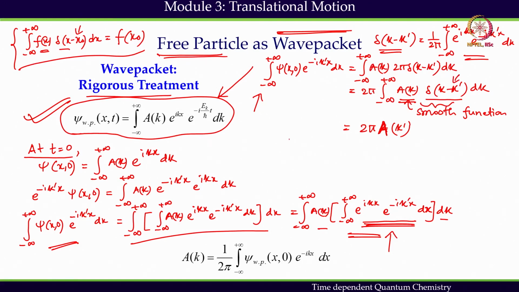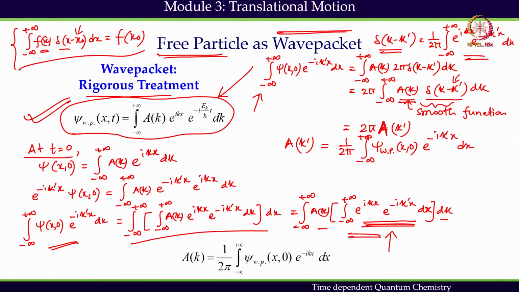So, a k dash is represented by 1 by 2 pi integral from minus infinity to plus infinity of psi, this is actually the wave packet x 0, e to the power minus i k dash x dx.